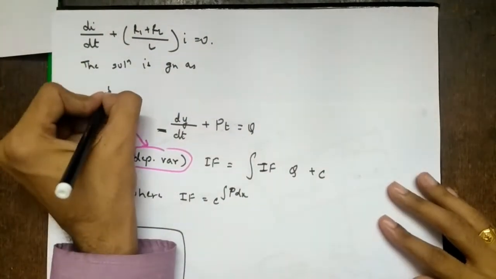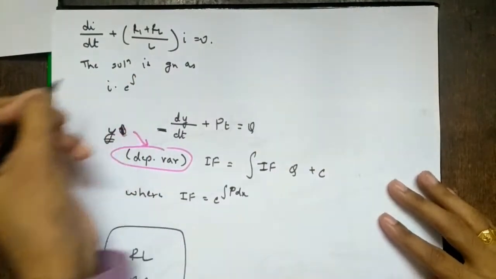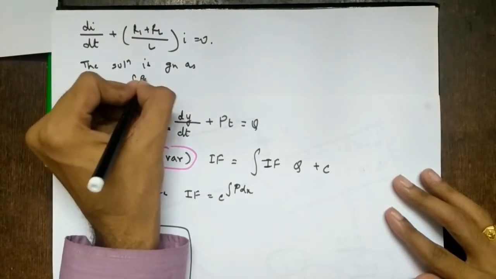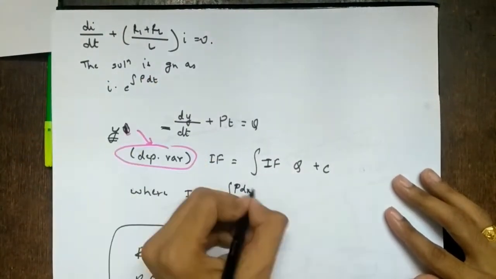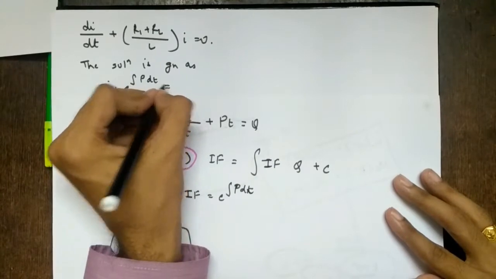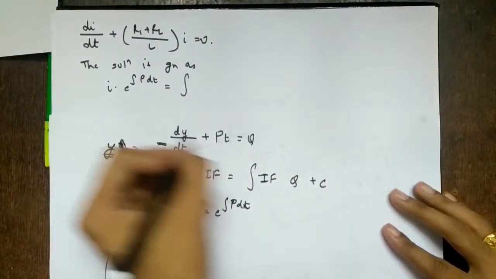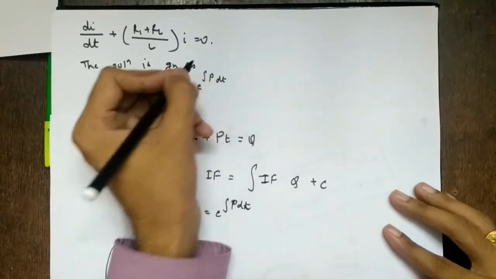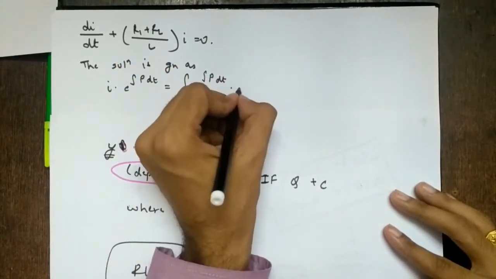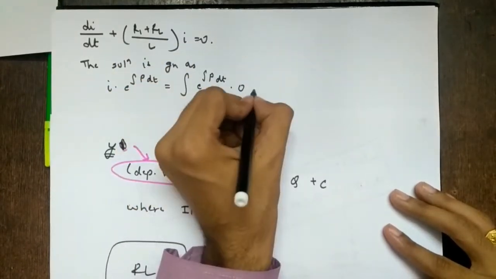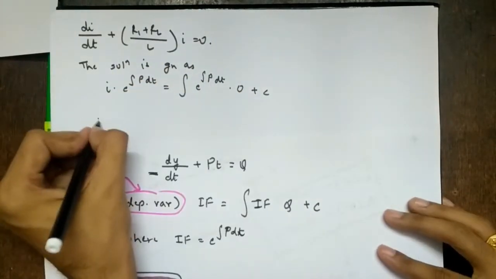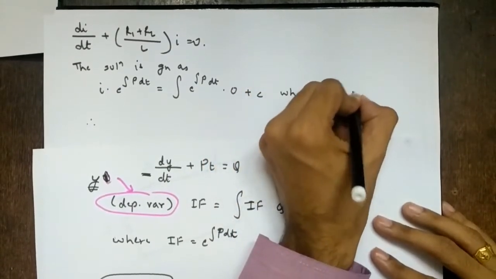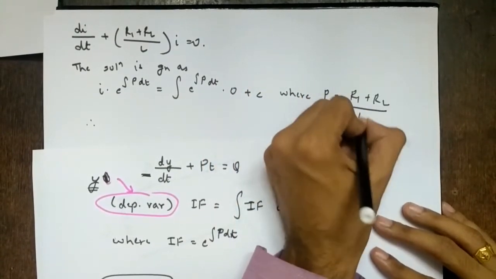So it will be I into e raised to the integral of p dt, the integrating factor, equals the integral of the integrating factor e raised to the integral of p dt into q. Here q is 0, plus c, where p equals R1 plus R2 upon L.